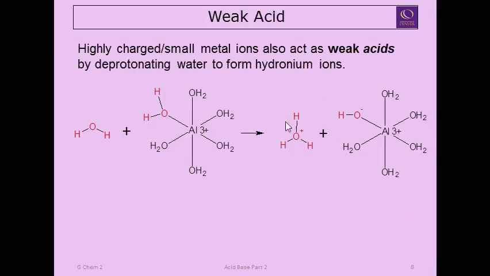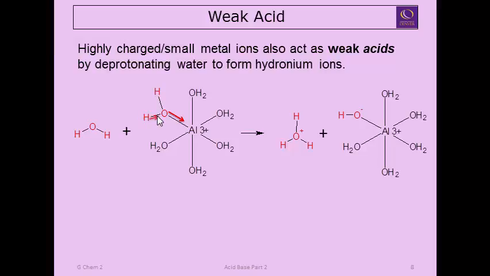Here's another weak acid, and this will get you oriented. As we talked about earlier, the aluminum hexaaqua complex actually has the ability to make water acidic, so this is a further step. Very small, highly charged metal ions have the ability to delocalize the electrons in the bond between oxygen and hydrogen, so it starts to weaken that bond.